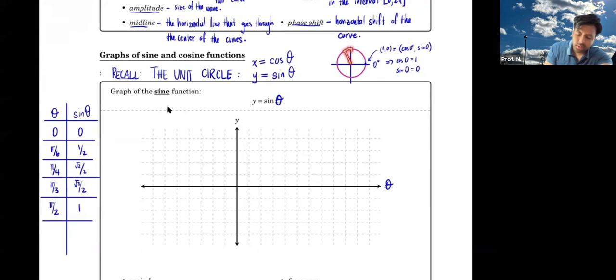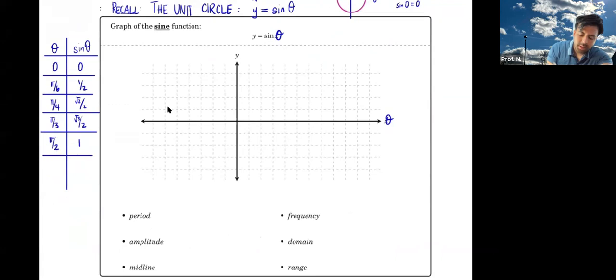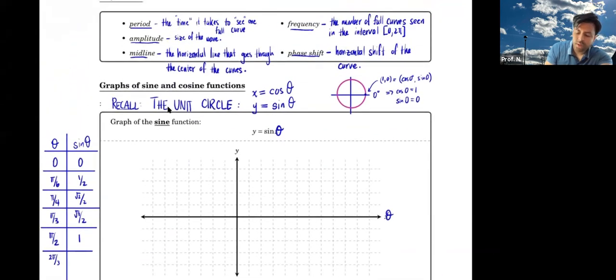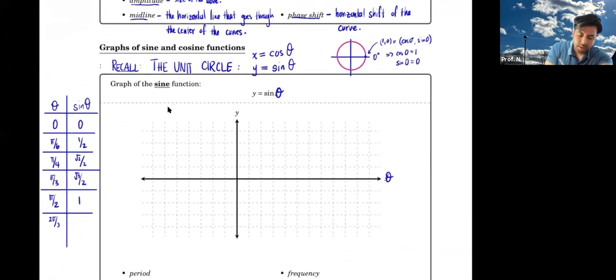So 30 degrees after 90 is 120, which can be written as 2 pi over 3. Because I'm in the second quadrant, I'm still positive. And 2 pi over 3 has a reference angle of pi over 3, which we already know is rad 3 over 2.